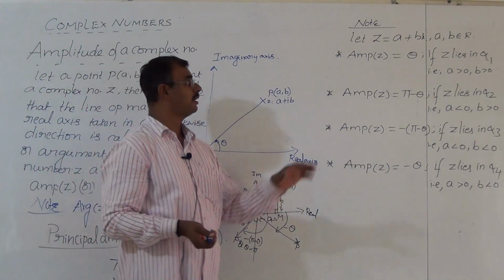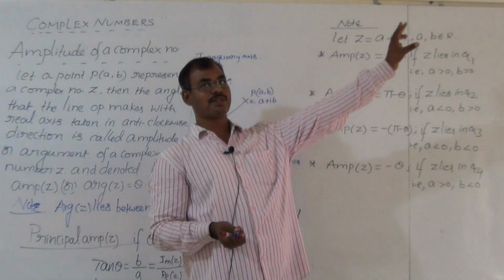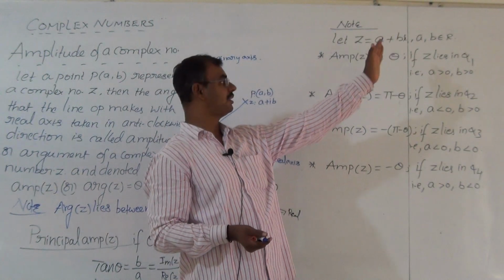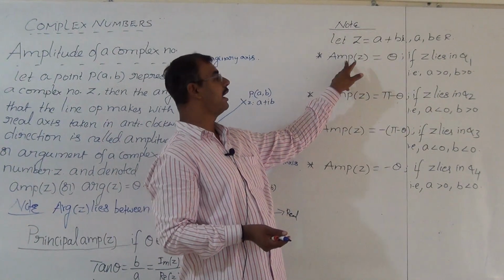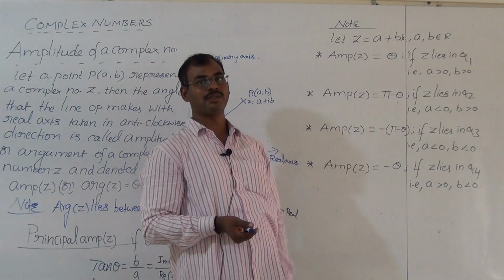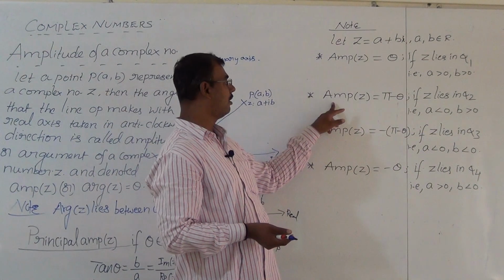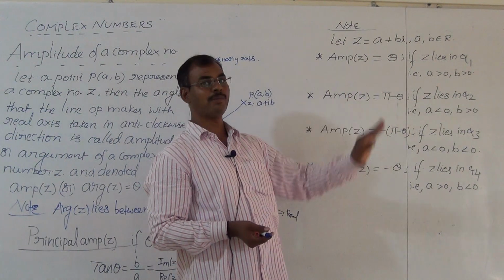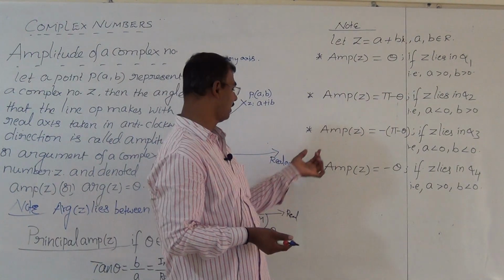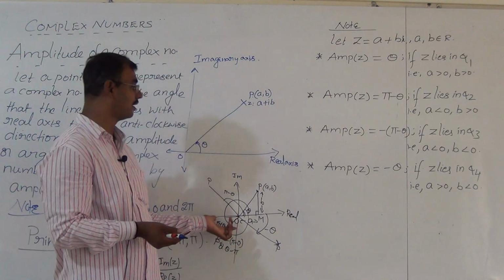All of you remember, if z lies in the first quadrant, the amplitude of z is equal to theta. If z lies in the second quadrant, the argument of z is equal to pi minus theta. So I showed all these things here.